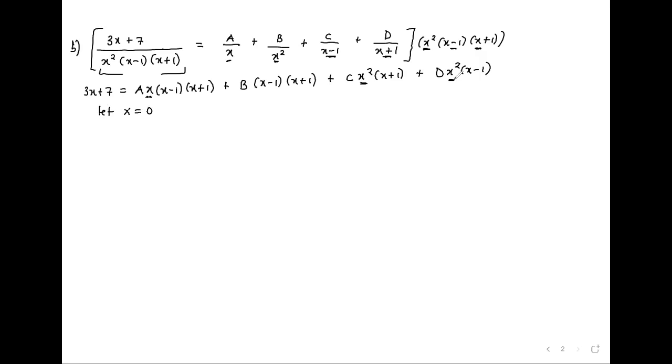So these three pieces will disappear. And on the left, there will be 0 here. So we'll have 7 is equal to, there will be 0 here, there will be 0 here. So we'll get b negative 1 multiplied by 1, giving us negative b is equal to 7, which implies that b is equal to -7.